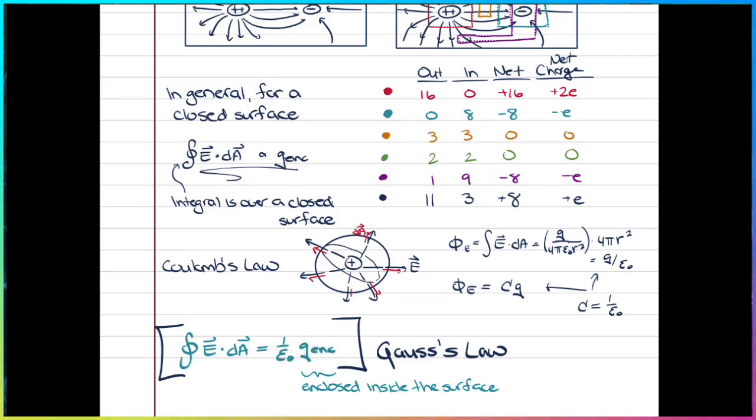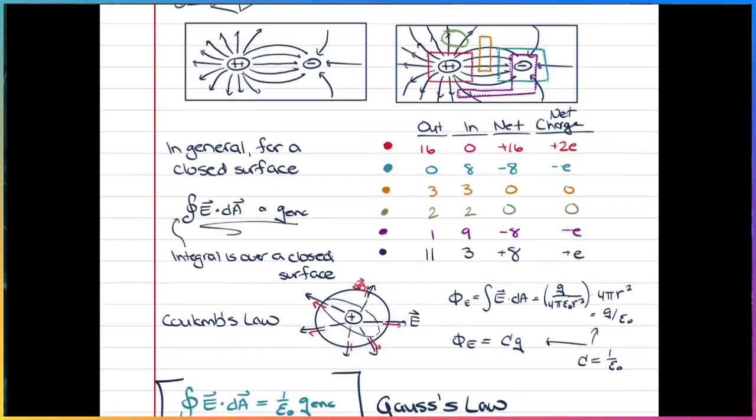Again, this is motivated by the idea that positive charges form sources and negative charges form sinks. So when I form a closed surface, if more field lines go out than come in, that means there's some sort of source inside creating those field lines, a positive charge. If more field lines go in than come out, then they are going into some sort of sink, which for electric fields are negative charges.